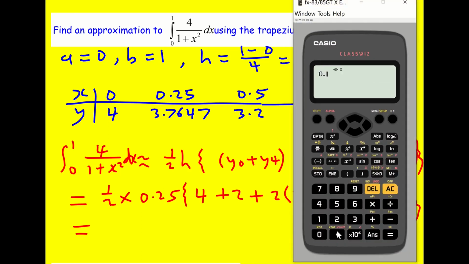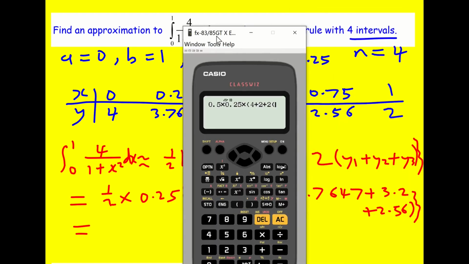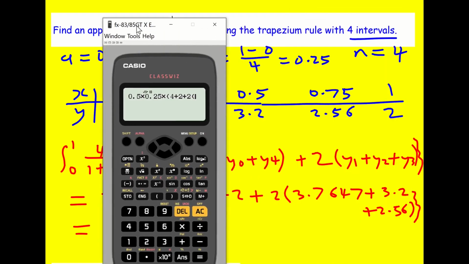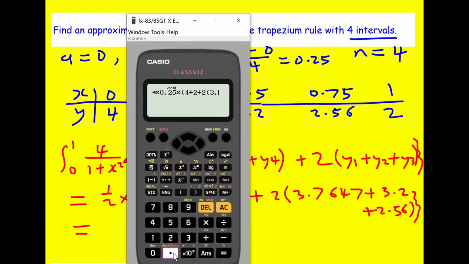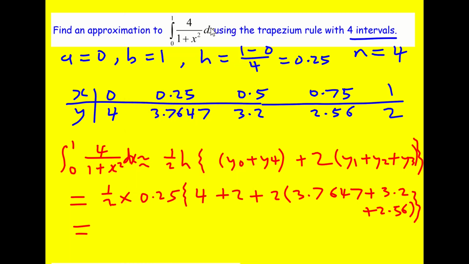Okay, 0.5 times 0.25 times (4 plus 2 plus 2 lots of ...). Close the bracket again, and we get 3.131175.